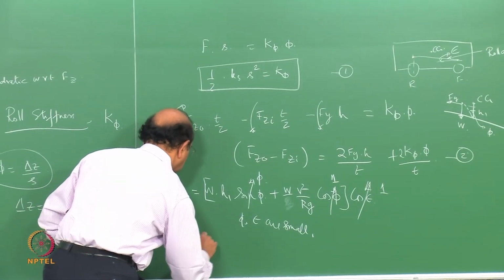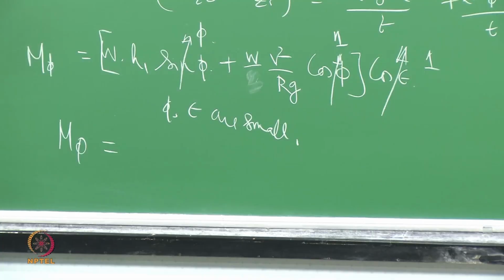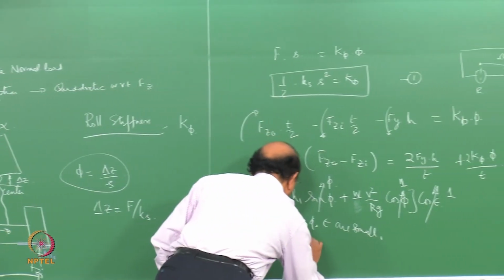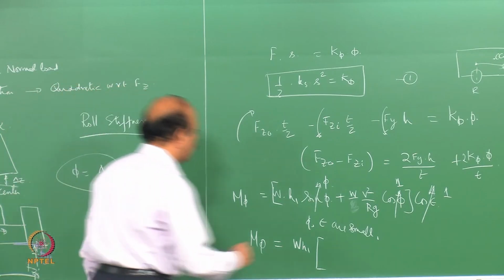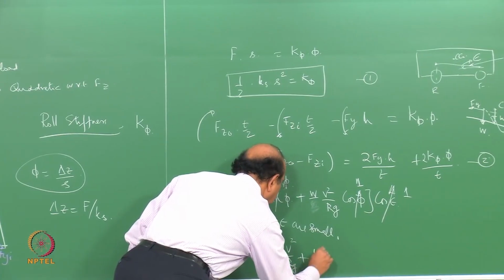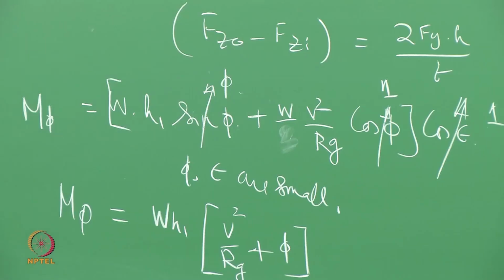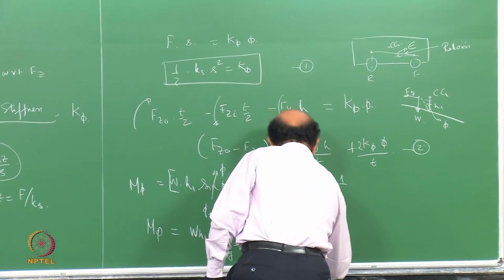So simplify this. So that is equal to what is that? Take out the W, H1. So W, H1, sin phi becomes phi. So V squared by RG plus phi. That's the moment caused by this phi. And this is also equal to, what is that equal to? This is also equal to K phi front.